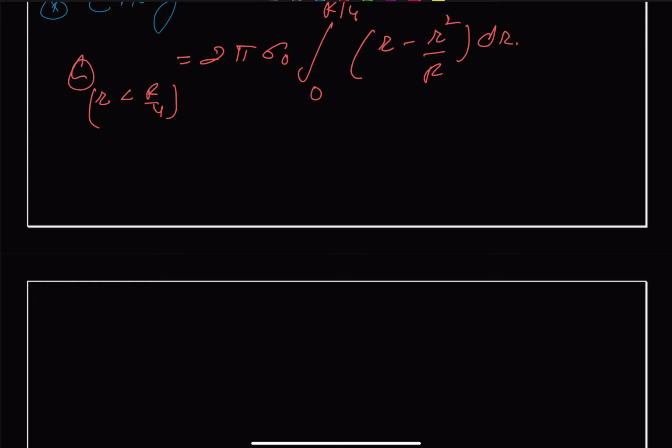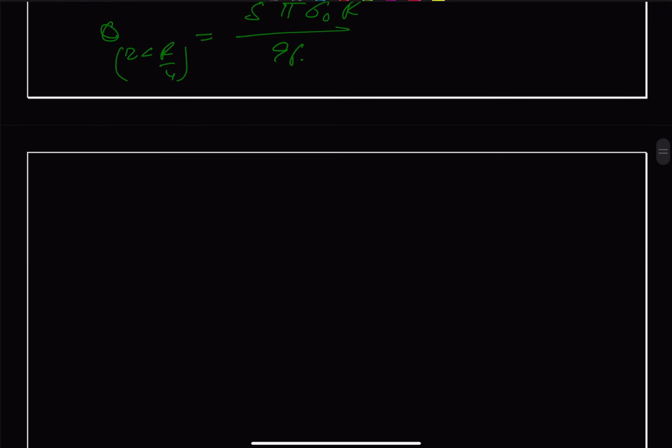So from here this will be equal to 5 pi sigma naught R square by 96. So this is the charge for r which is less than R by 4. Now we can just take the ratio which is required.